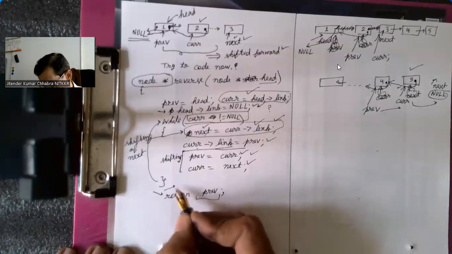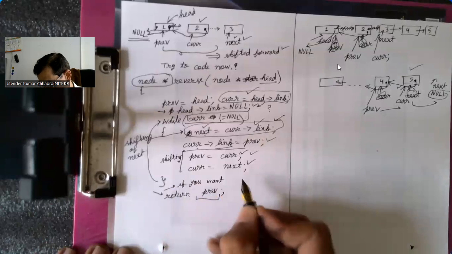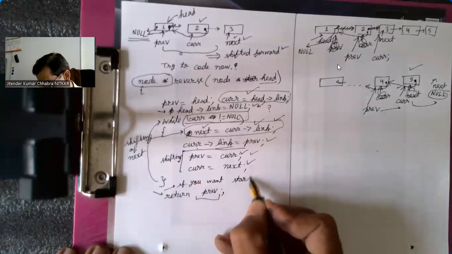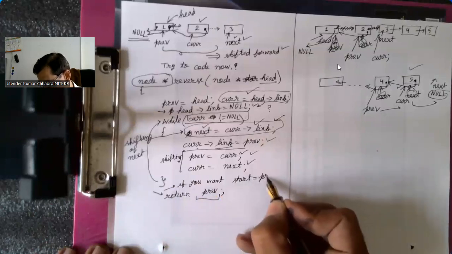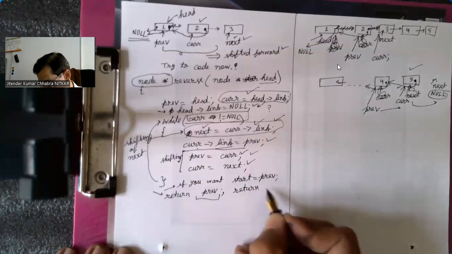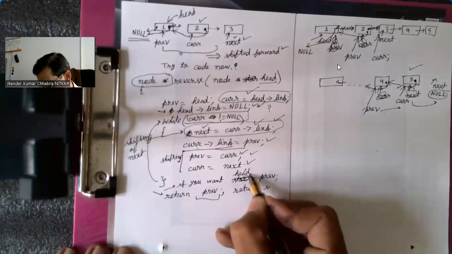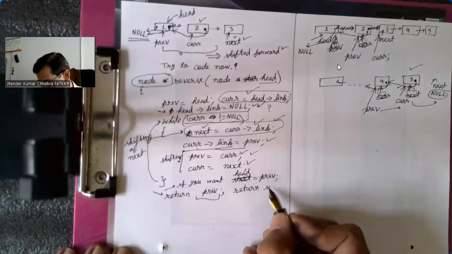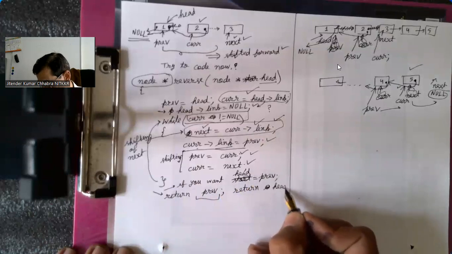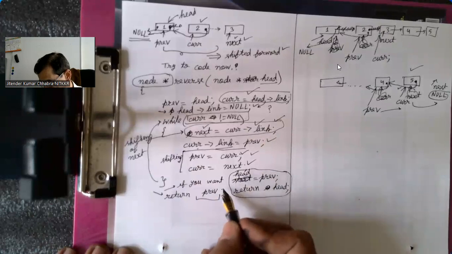If you want, you can write before this also start equal to previous, and then you say return start, effectively updated start, or sorry, I'll say head now, because we have used the word head. So head equal to previous, and then you could say return head. It is one and the same thing, just showing that I have updated head.